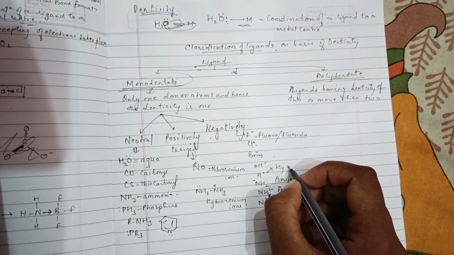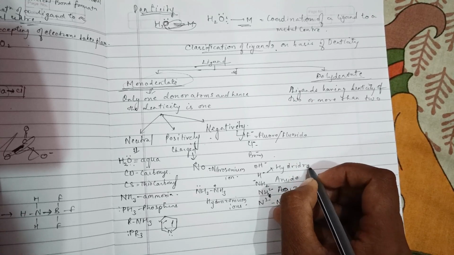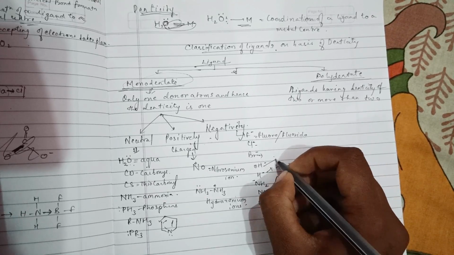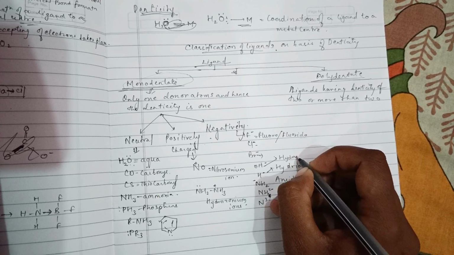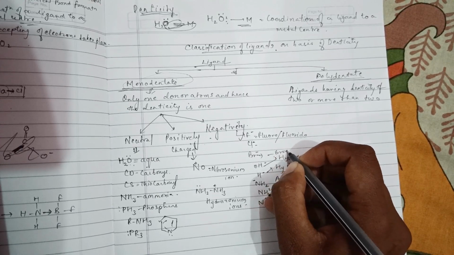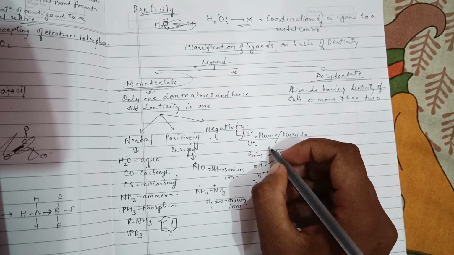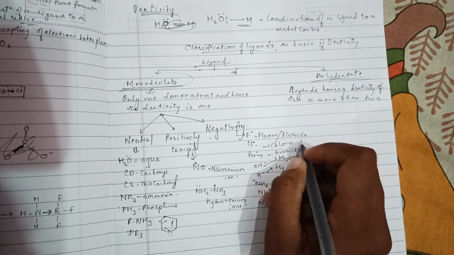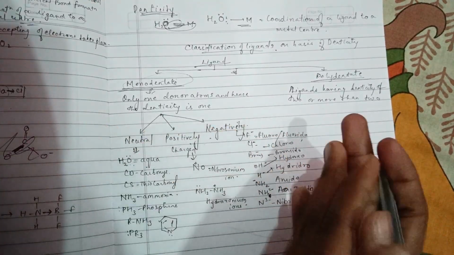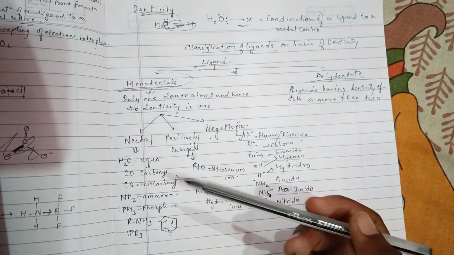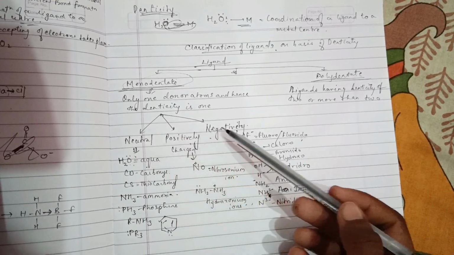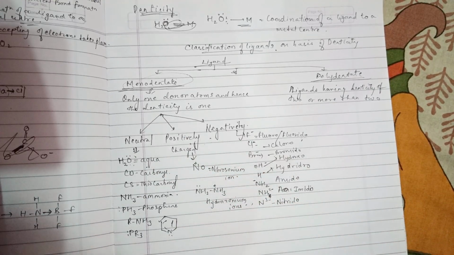This one is hydrido, hydroxo, and this is bromido or bromo, or this is chloro or chlorido. Okay, so these are some examples of neutral, positively charged and negatively charged monodentate ligands.